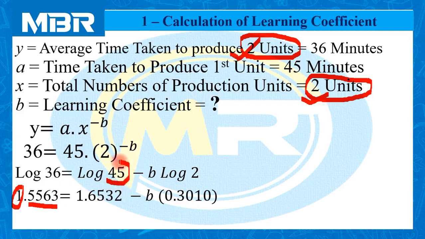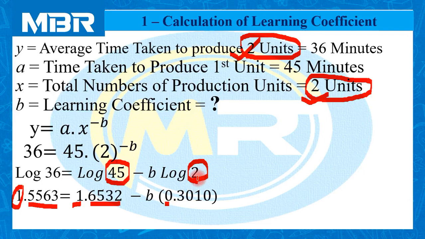45 again has 2 digits, 2 minus 1 equals 1, and for 45 into 0 the value of log is 6532. Minus B, which is unknown, log 2. 2 means only 1 digit, 1 minus 1 equals 0.